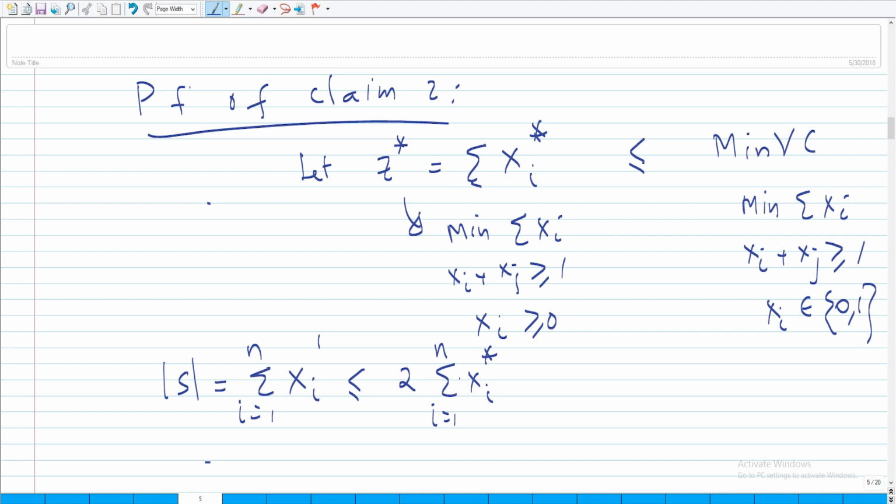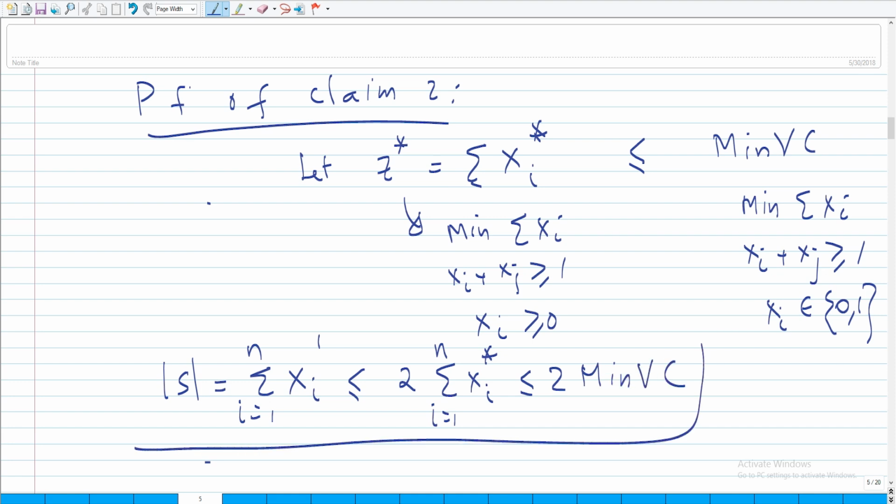Whenever x i star was greater than or equal to half, I made it 1, and whenever it was less than half, I made it 0. So, in the worst case, if everything was half, I have just made them 1. So, I would have at most doubled the summation. And what is summation x i star? I just proved this is at most the optimum, so the size of S is at most 2 times the optimum, and that is exactly what I wanted to show.